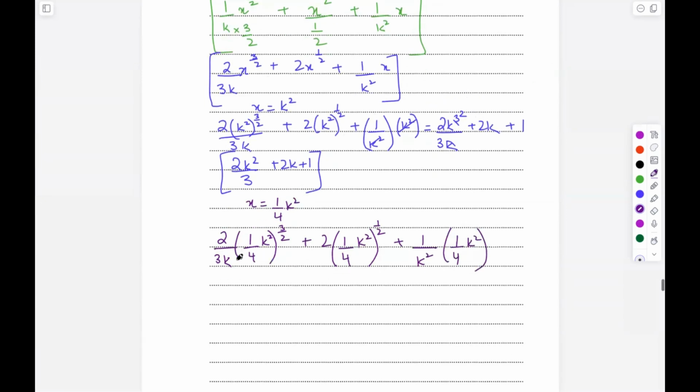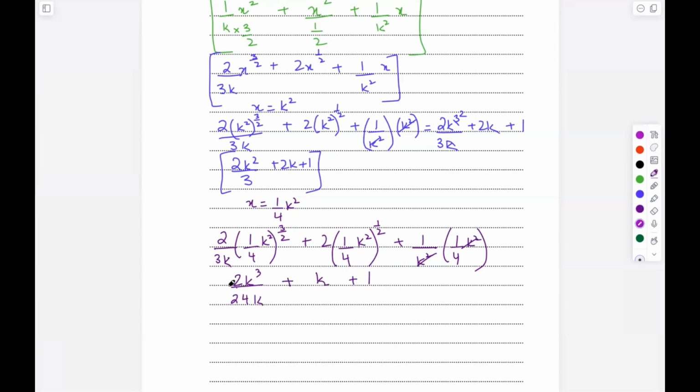So simplifying this, first of all, k squared into 3 upon 2 will become k cube. So this will become 2k cube upon 4 to the power 3 upon 2 is 8, 8 times 3 will become 24k, plus square root of 4 is 2, so 2 upon 2 will cancel out. And this will be k squared into 1 upon 2, which is just k over here. K squared and k squared will cancel out, so that will be plus 1.